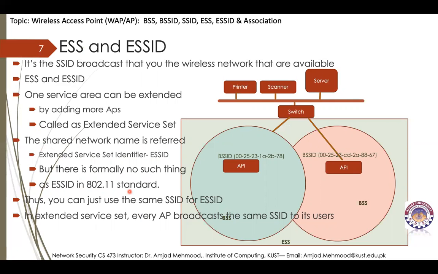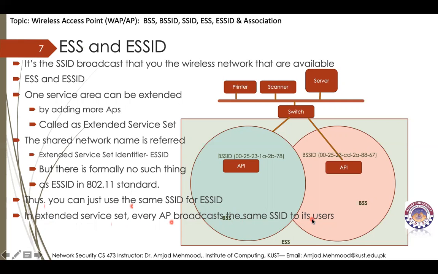So you will not be defining any ESSID. You cannot see it physically. But as this is under the architecture of 802.11, it is provided by default. Thus you can just use the same SSID or ESSID. In the extended service set, every AP broadcasts the same SSID to its users.